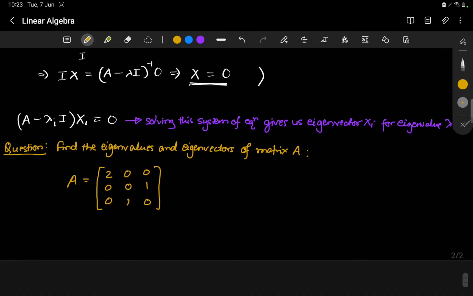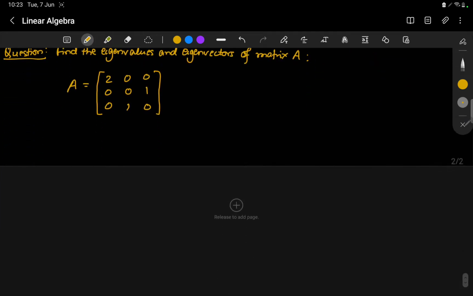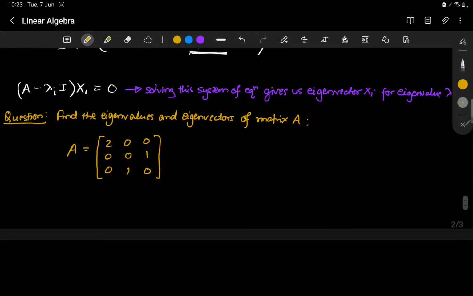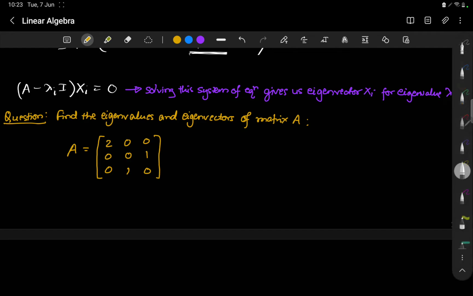So this is our matrix and we are supposed to find the eigenvalues of this matrix. So let us solve the question.